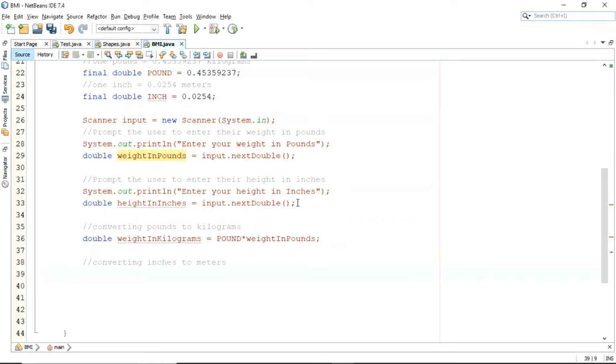So you're going to say double height in meters, which would be equivalent to inch times height in inches. So we've done 3 things in this program.